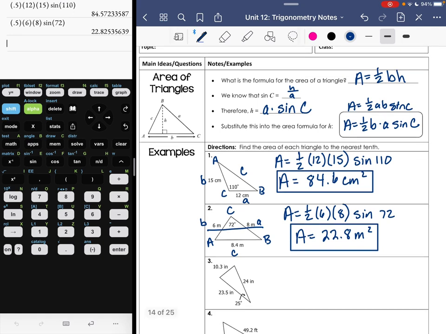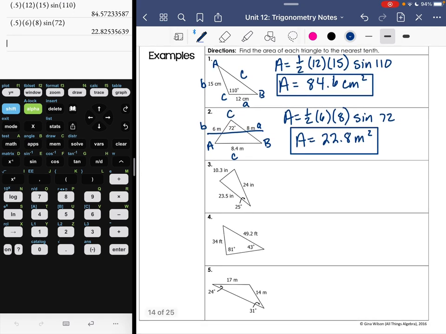This one, you're going to basically use everything from that line below, because you've got the two sides and then the angle in between them. So you're going to have area equals 1/2 times 23.5 times 24 and then sine of 25.